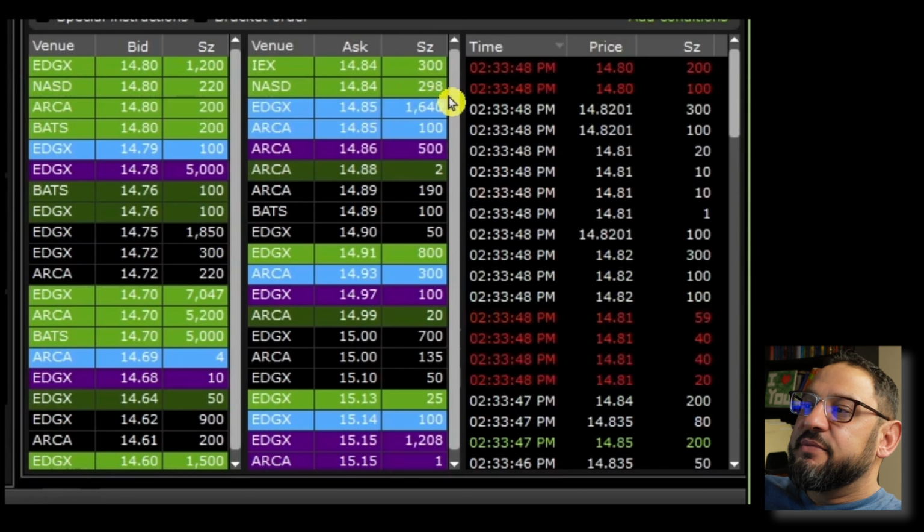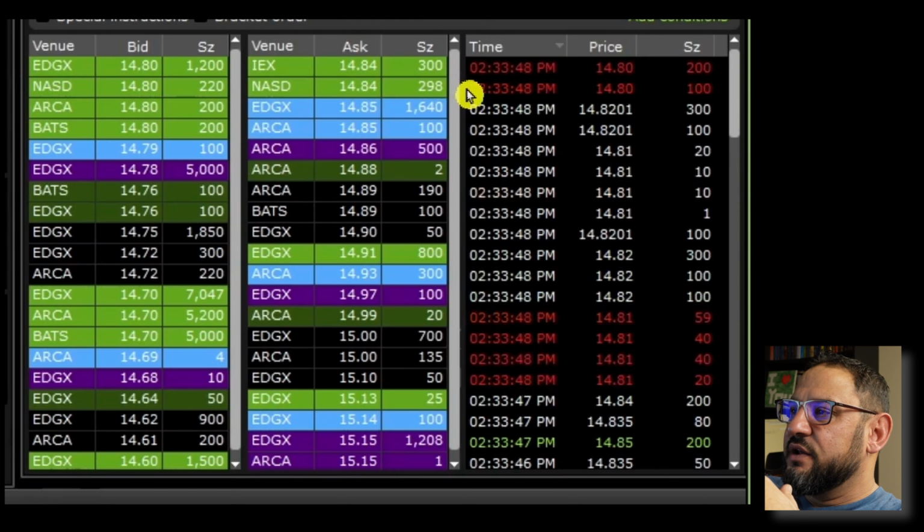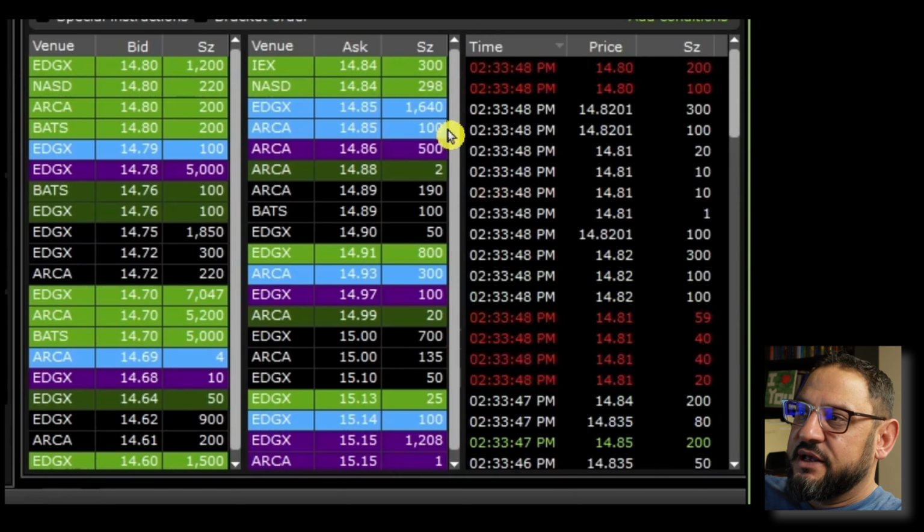Over here, the same thing. The ask, the lowest ask, the closest to the bidder is $14.84. There's roughly 600 shares, or 598 shares. And then the price after that comes higher by 1 penny, it's the blue, and then the purple, and then the green.